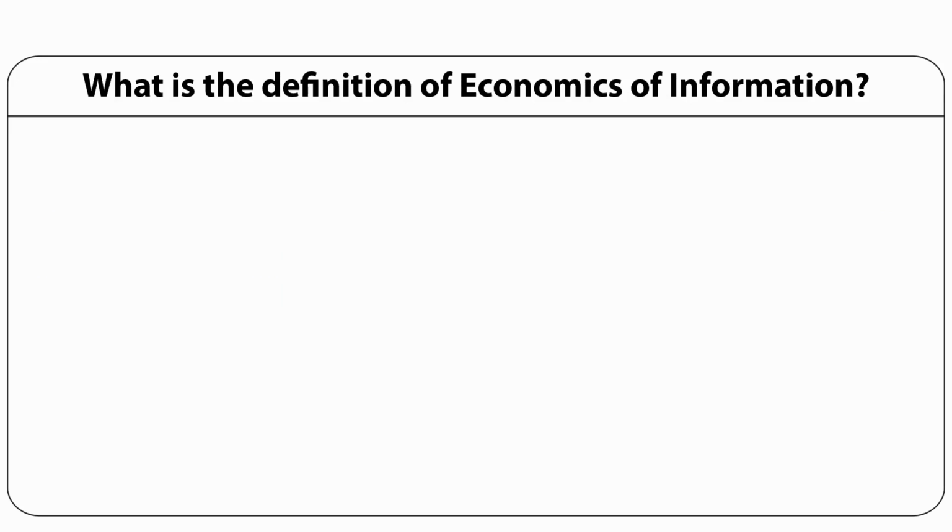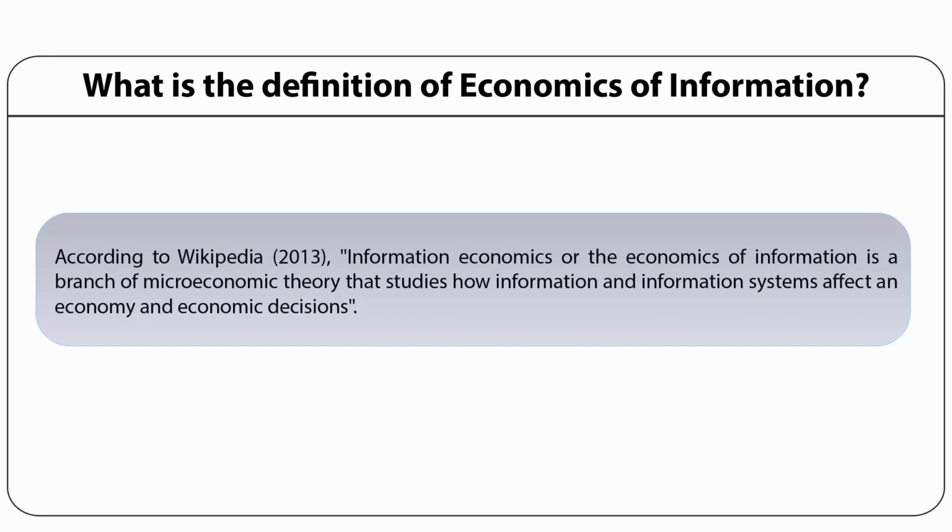Now, you may be wondering, what is the definition? According to Wikipedia, you have the definition before you that information economics or the economics of information is a branch of microeconomic theory, which I just told you, that studies how information and information systems affect an economy and economic decisions.